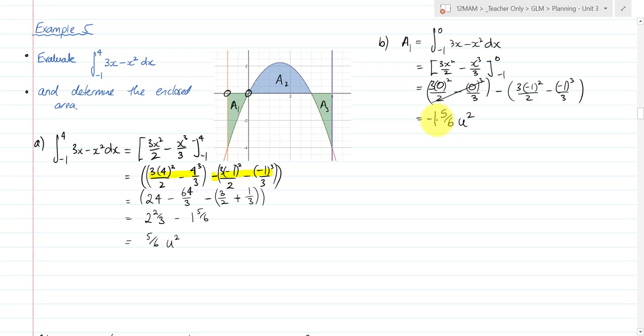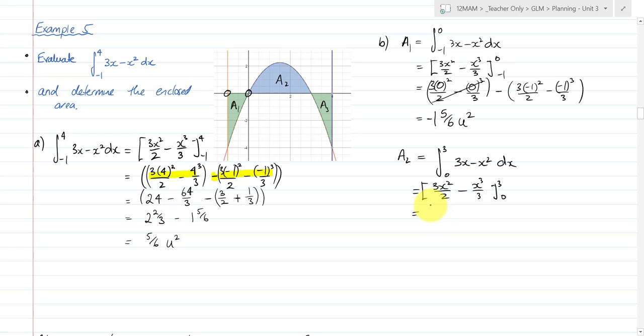For area 2, we get the integral between 3 and 0 of 3x minus x squared dx. And we're going to start to see some repeats here. So we get 3x squared over 2 minus x cubed over 3. That's the obvious repeat. But the 3 and 0 give us a repeat on the 0.